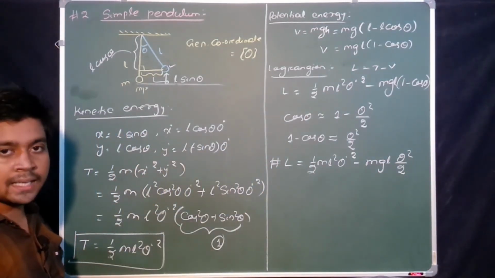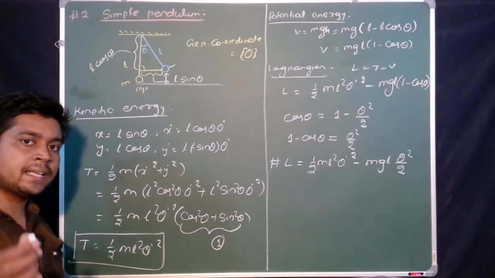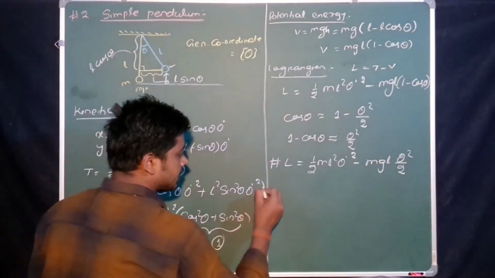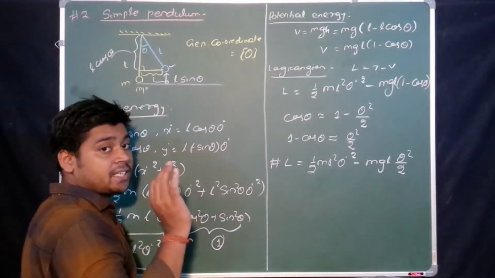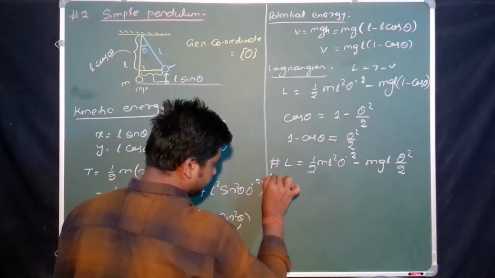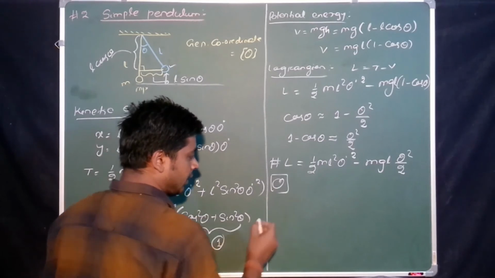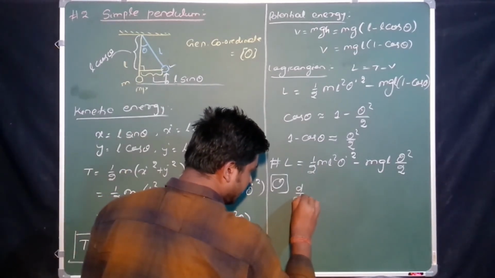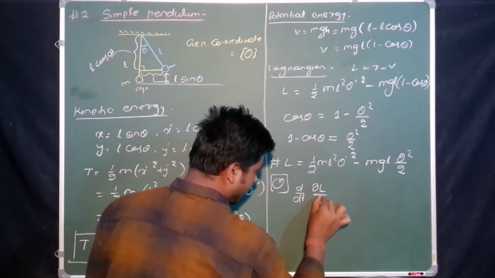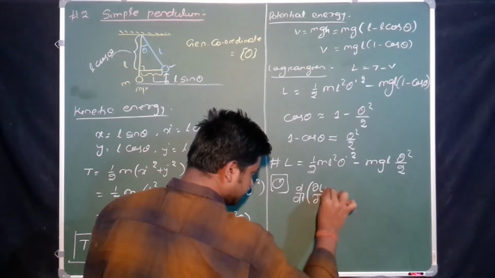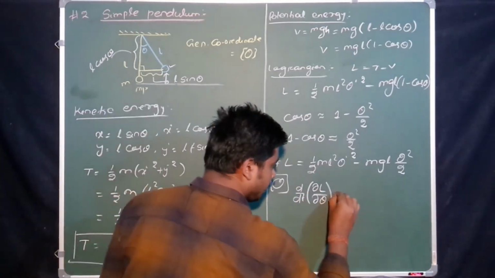Then from this Lagrangian, we have to find the Lagrangian equation of motion. Okay. That is the Lagrangian equation of motion for the generalized coordinate, that is theta here. Just see, I got this: d by dt of dL by d theta dot minus dL by d theta equal to 0. Theta is the generalized coordinate.